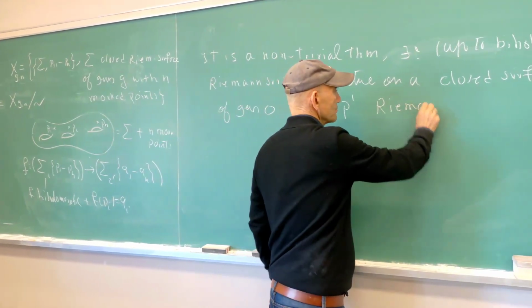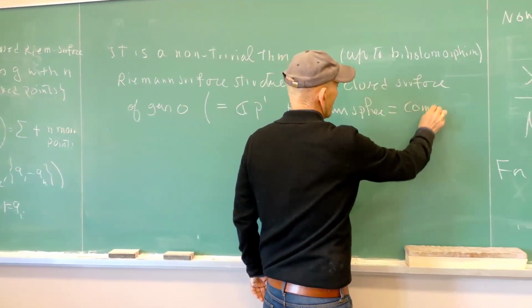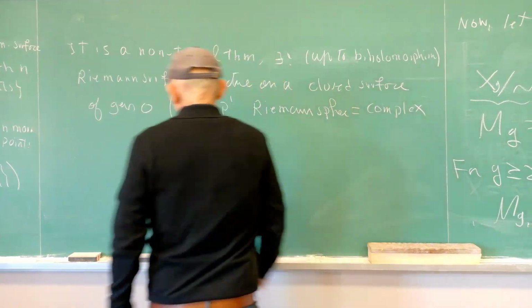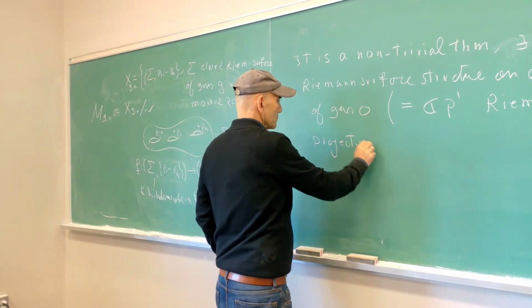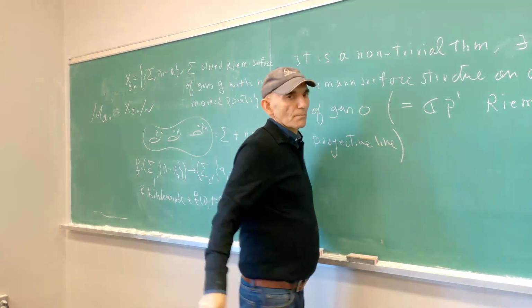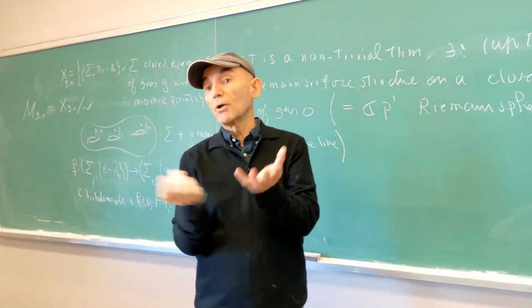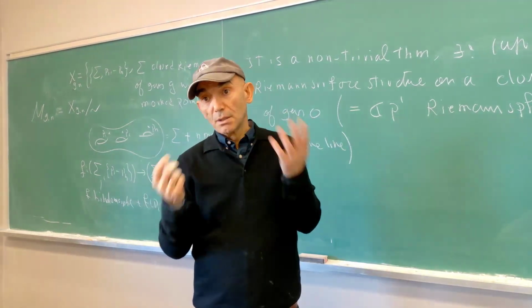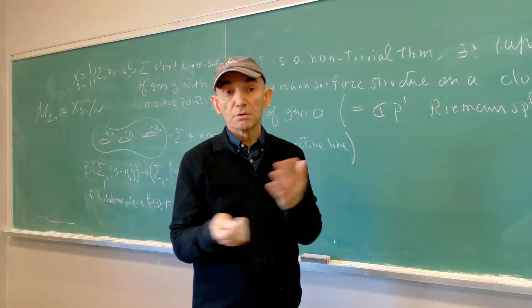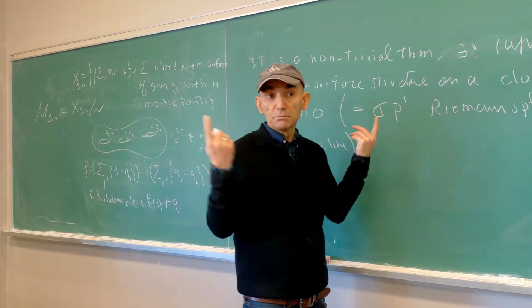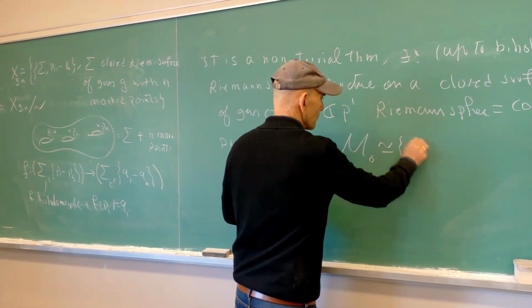So on a topological sphere there is only a unique Riemann surface structure. This basically means that M0 is just one point.